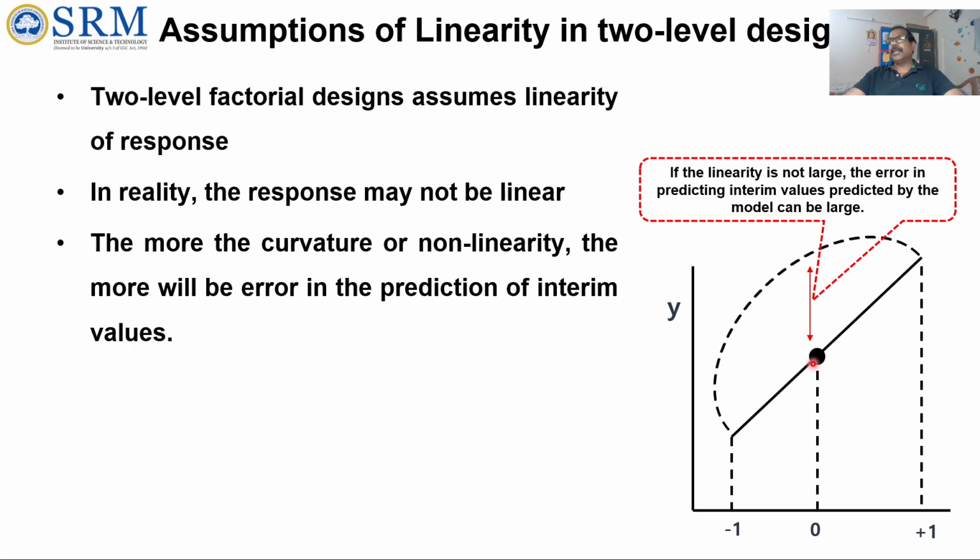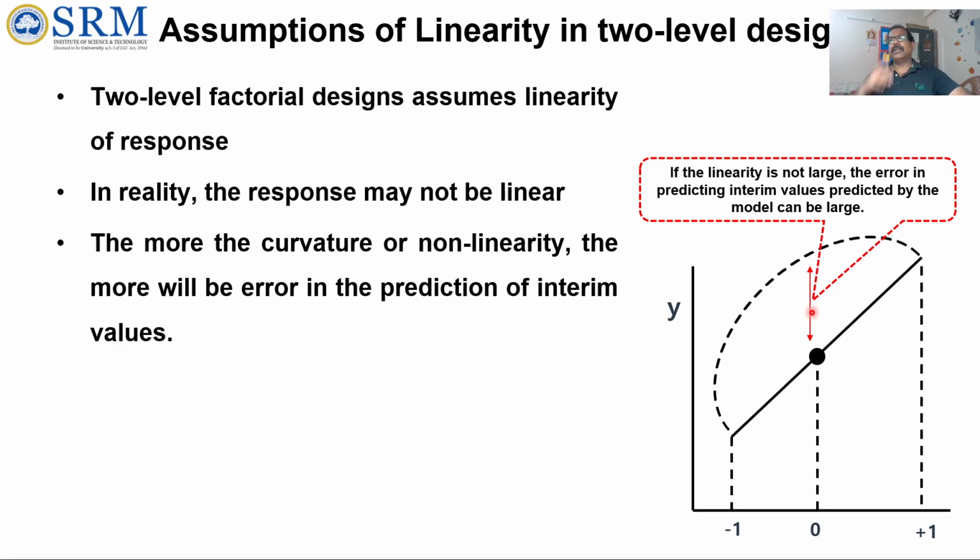If the response calculated from this predictive model goes somewhere else, there is a big gap between the prediction and what we originally get from the experiment. What does it mean? If this gap is large, there is more error, so we can't use the linear equation or claim it is linear. Then it is considered non-linear.